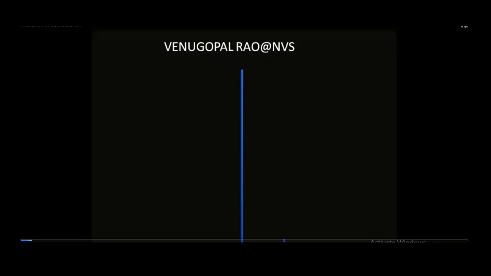Here two lines are there. I can call this the fixed line, and this the variable line. This is the point of intersection of these two lines.